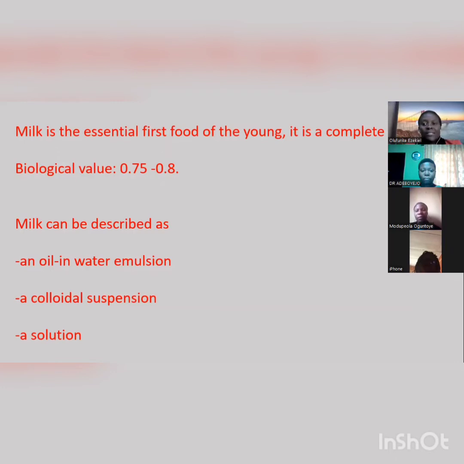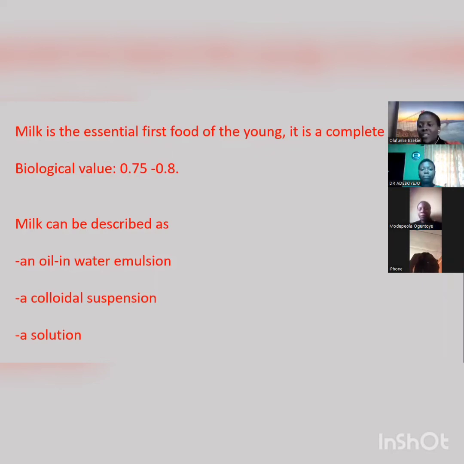And also because it's a complete meal, it is highly susceptible to microbial contamination. So we have to note that we cannot just leave milk immediately a calf has been born and you are able to milk the mother. We cannot leave milk on the ground. It must be processed immediately or kept in cold storage.